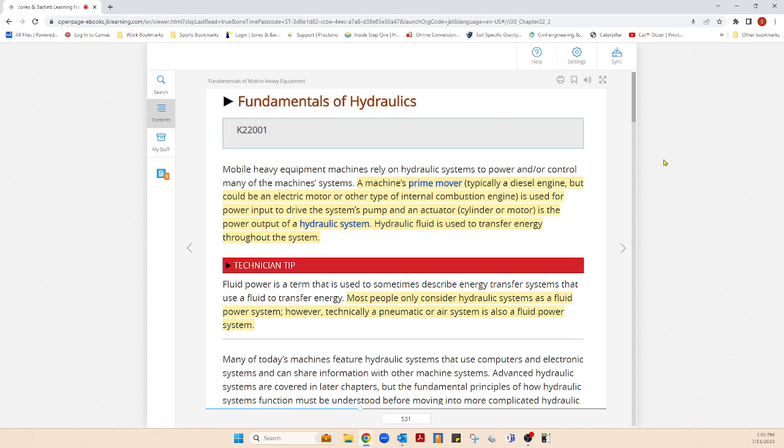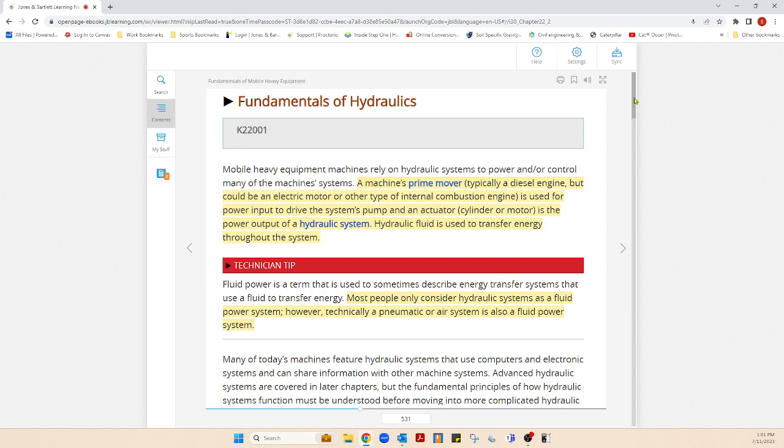That's rotary motion. We'll touch on that. The power output of the hydraulic system is the actuator. Hydraulic fluid is used to transfer energy throughout the system. We'll get more definitive when we get to Pascal's law.